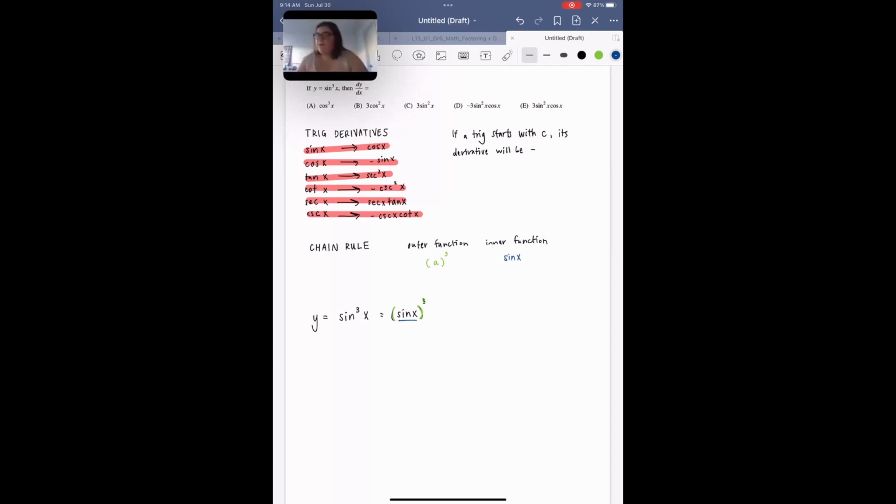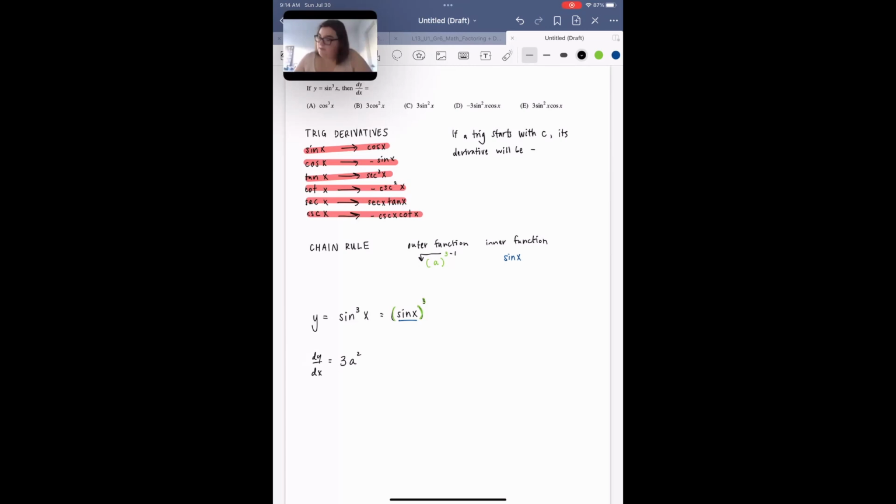You can just imagine that sine x is substituted in for a. First we take the derivative of the outer function. That's a basic power rule, where you bring your exponent to the front and then subtract 1. So we've got 3a squared. I'm going to leave it as a for now.